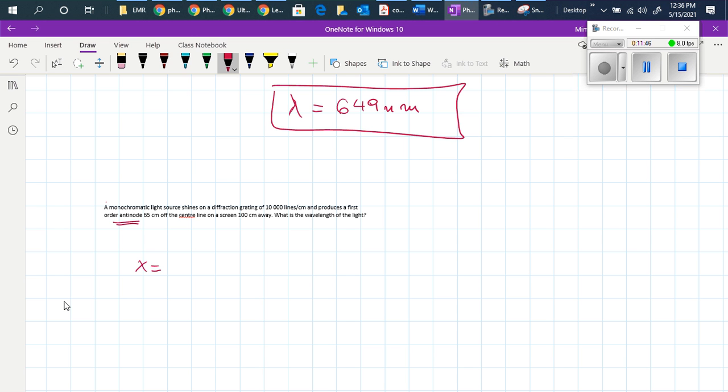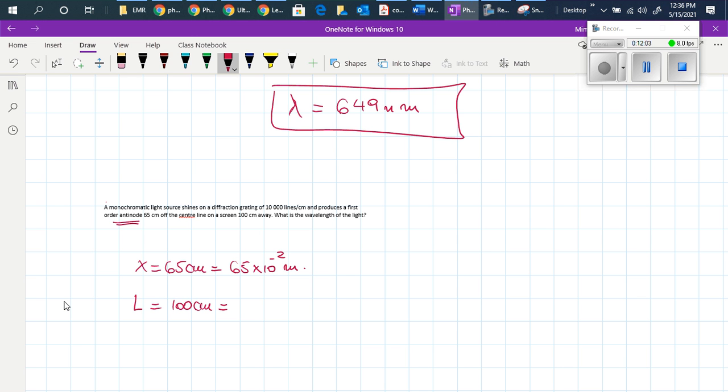So let's sort out what is given. 65 centimeters is the same as saying 65 times 10 to the power of -2 meters. And then we have L as 100 centimeters.